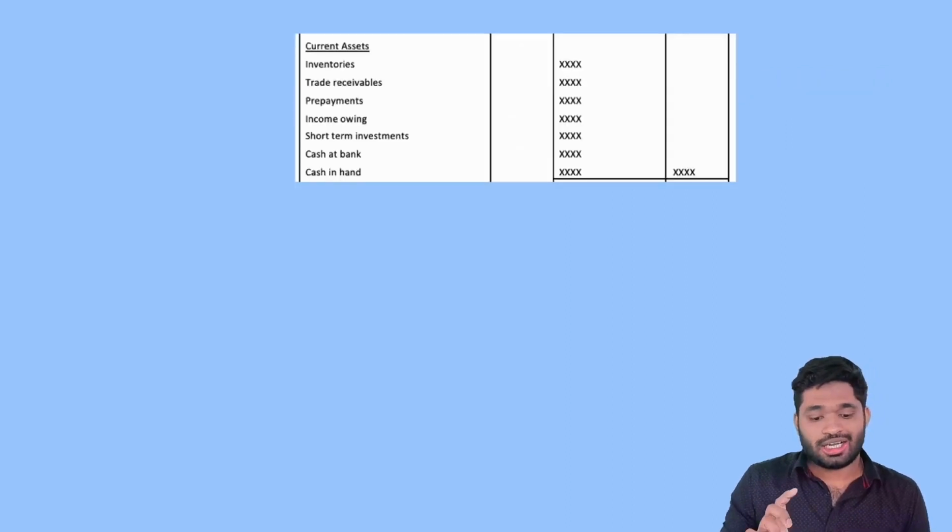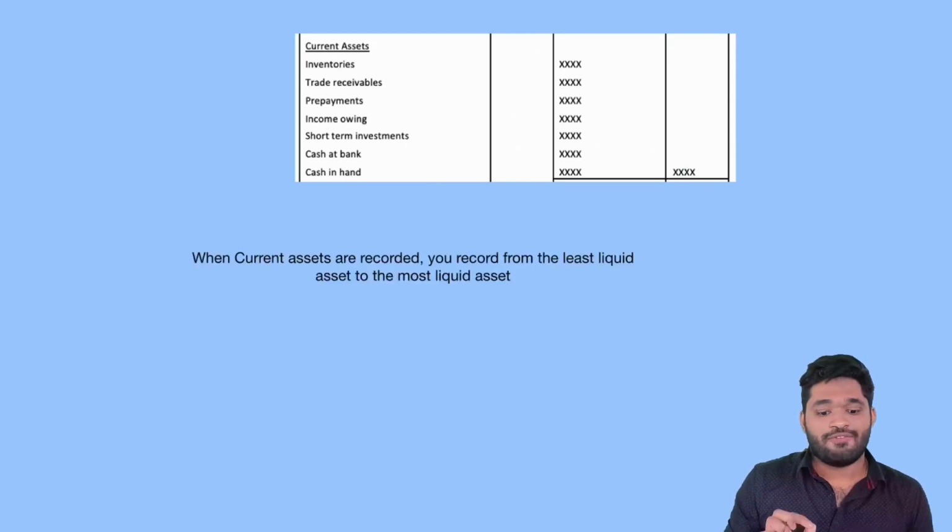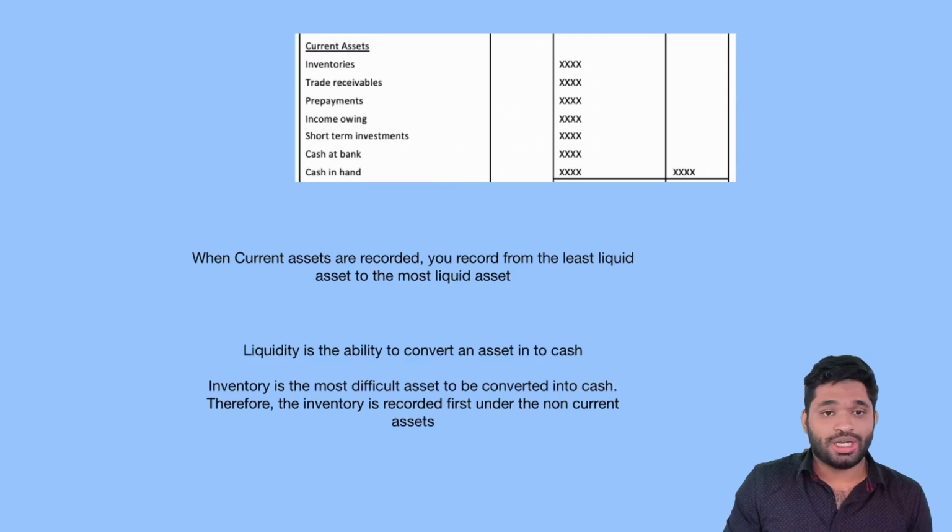So guys, when you look at this current assets section, when you record the transactions, you need to record from the least liquid asset to the most liquid asset. Now, when you say liquidity, it is the ability to convert an asset into cash.